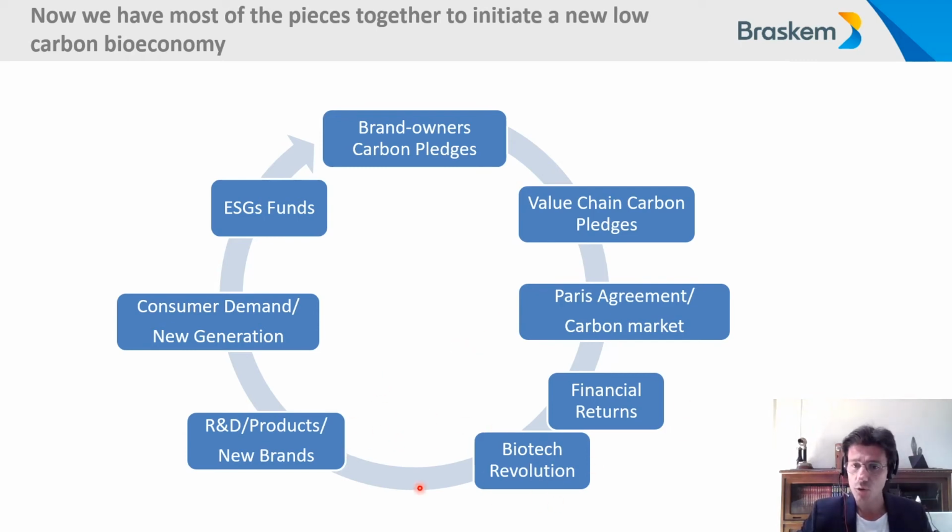The tools in terms of biotechnology are evolving, so our capacity to deliver new technologies is increasing as well. As you can see, we have new products on the market. We have clients demanding new products, new brands. And of course, at the end of this value chain, we have the consumers pushing for and demanding new solutions.